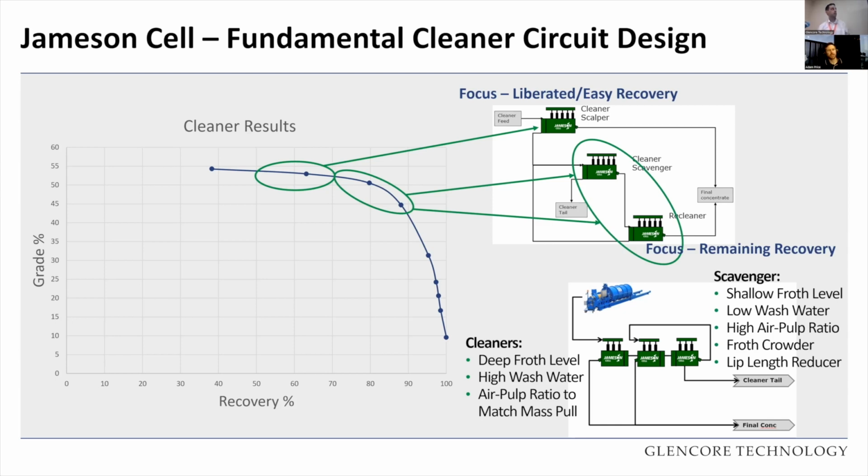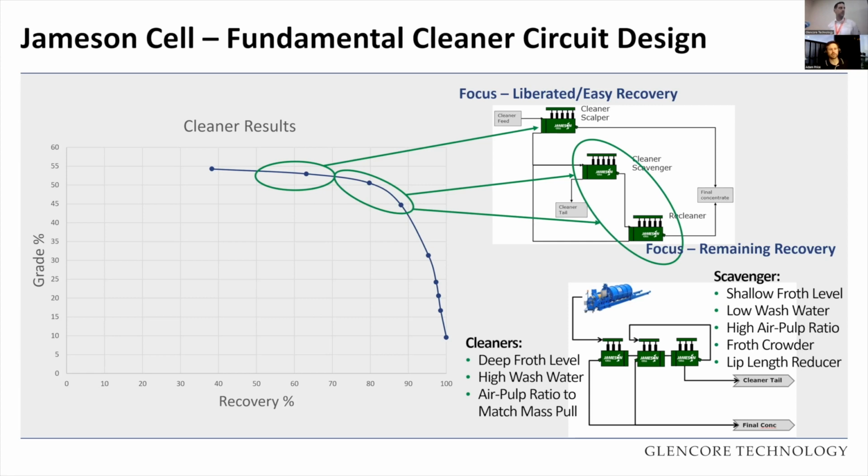And then we generally have a closed scavenger and recleaner circuit. So the tail from the scalper would typically move to a cleaner scavenger, and then we would look to upgrade that remaining material in a recleaner and float off the rest of the available material at a target concentrate grade.